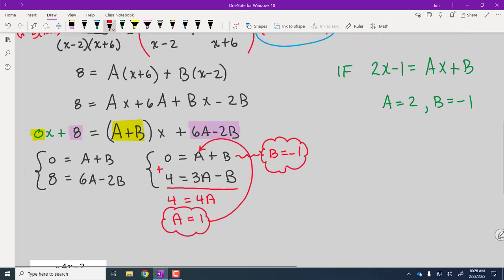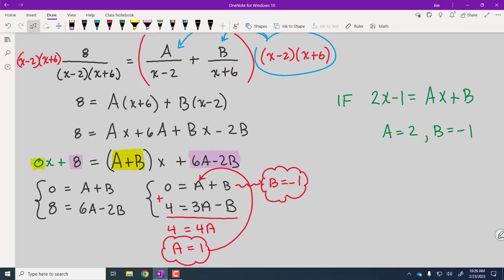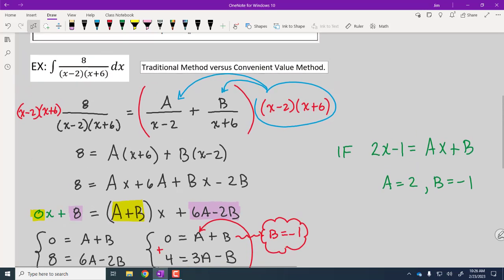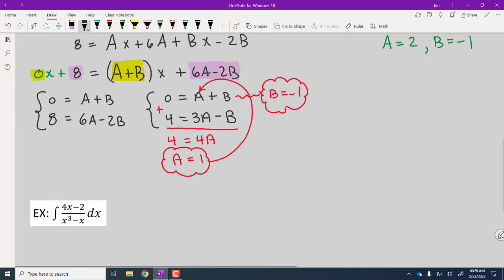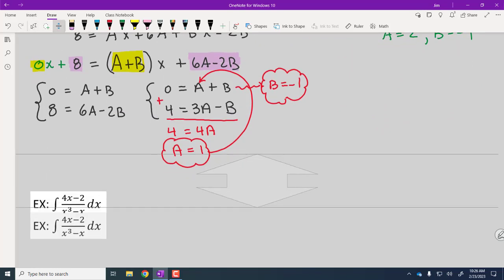So what this tells us then is what the two partial fractions are. So our original integral, we can call it something. Let's call it omega. Why not? We like omega. So omega is then equal to the original integral.